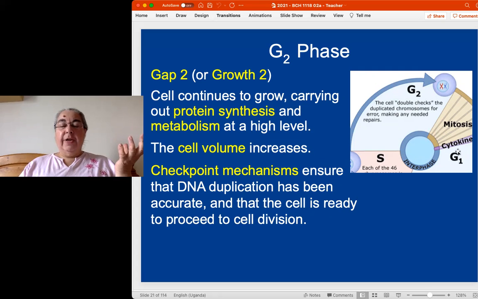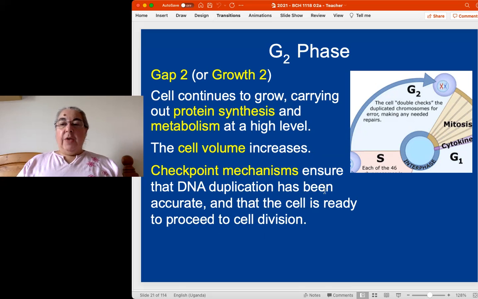It's made a lot of new protein, so the cell volume has to expand to fit all those new things into it. It's still carrying out more protein synthesis, and it's also carrying out metabolism at a high level. It's storing energy that it's going to be using for cell division.